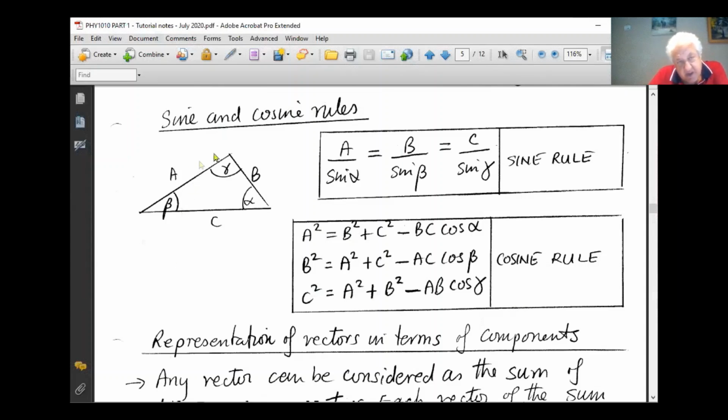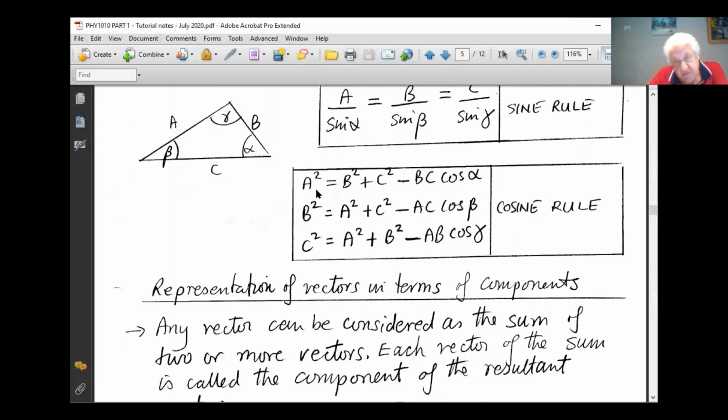The sine rule: if we look at a general triangle with sides A, B, and C, the angle opposite A is alpha, the angle opposite side B is beta, and the angle opposite side C is gamma. Keeping this in mind, my sine rule is A over sine alpha, B over sine beta, C over sine gamma.